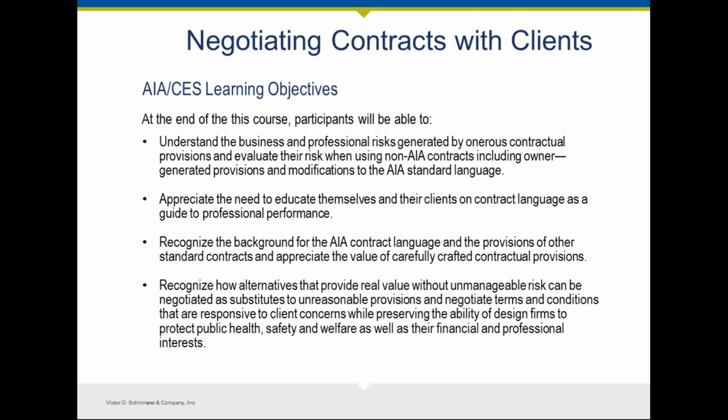Here at Schinnerer, we review contracts for our clients over the year, and we review them for insurability purposes. We review about 1,500 contracts in a year or so, and we see a lot of different clauses. All of the client drafted clauses that you see in this presentation are things that we've pulled out of documents that our insureds have given to us that come from client drafted provisions.